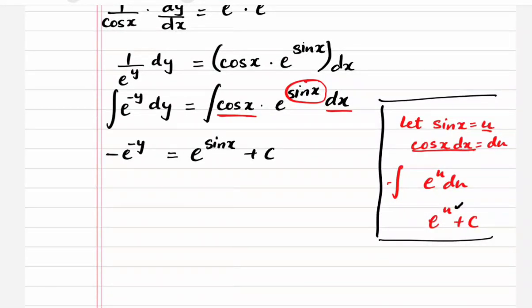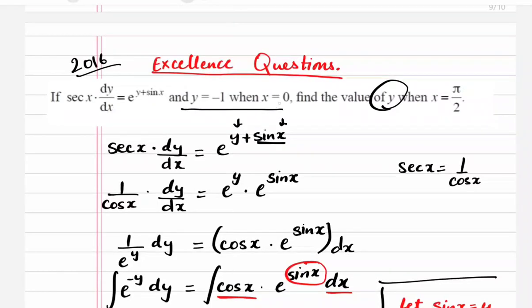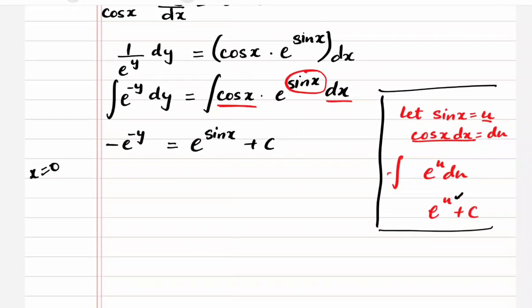Now when we have integrated it, we know that when x is 0, it is given to us that y is minus 1. Let's substitute those values here.